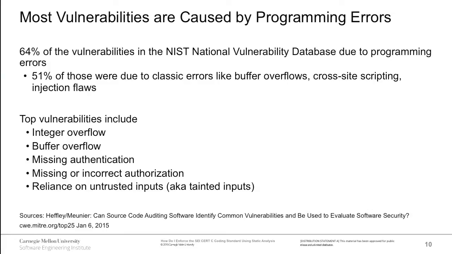And this is where you get many of your common things like buffer overflows, injection vulnerabilities, cross-site scripting, both web type problems and hardware type problems. Yeah, and this is a thing that David and I have talked about many times, that you have to recognize that the vast majority of your security bugs are also quality issues, and that the developers are putting them there in the first place.